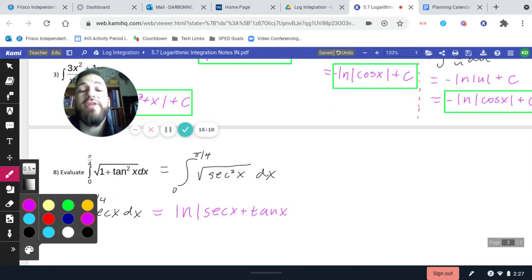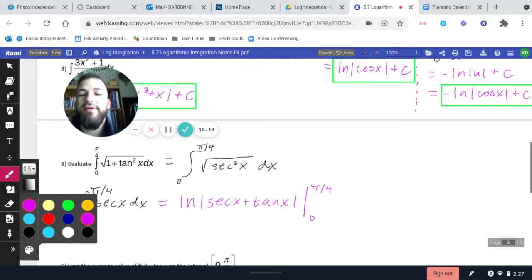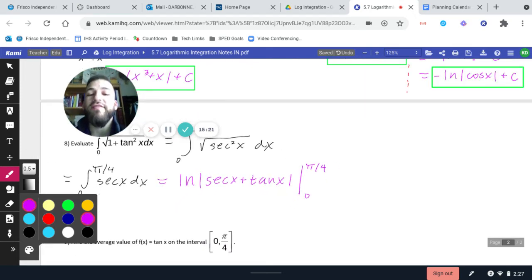And if you just notice, I don't have these memorized. So while I tell you you should have them memorized, I check on them all the time if it makes you feel better. Okay, so the natural log of secant of x plus tan of x, and I'm evaluating it from 0 to pi over 4.